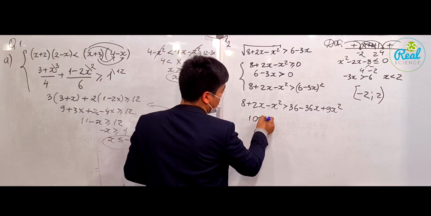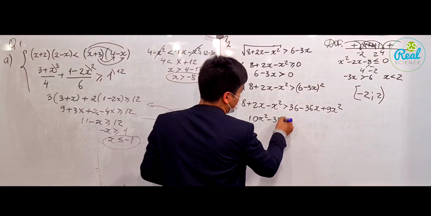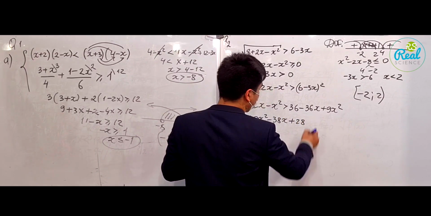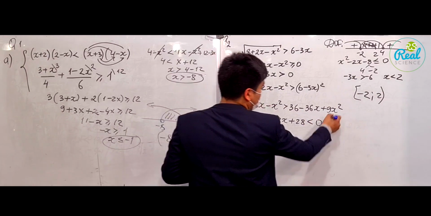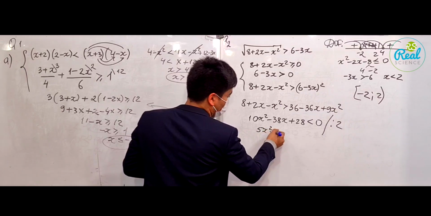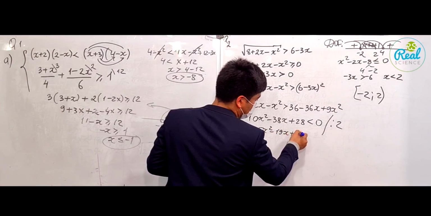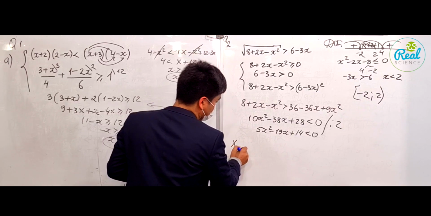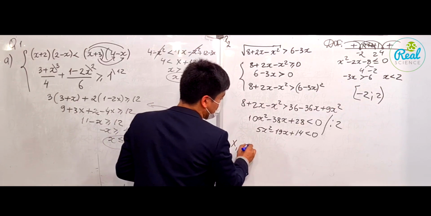10x squared minus 38x plus 28, yeah? Less than 0. It's possible to divide by 2. Now let's find the x1 and x2 to factorize this, yeah?